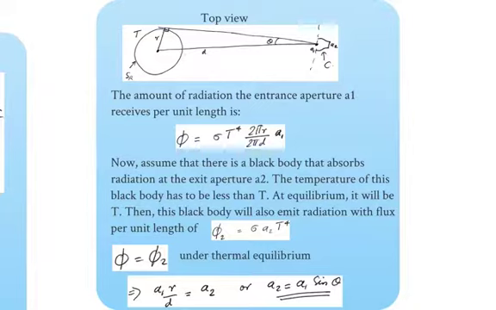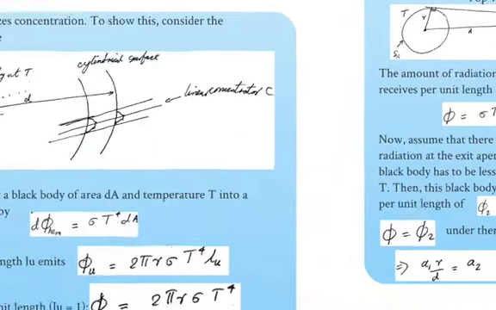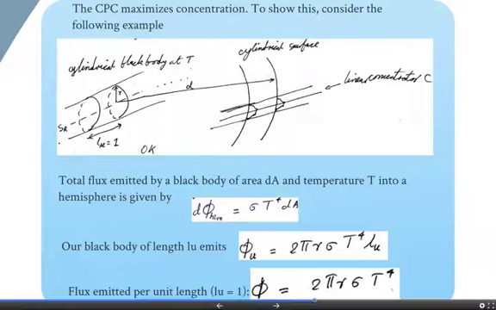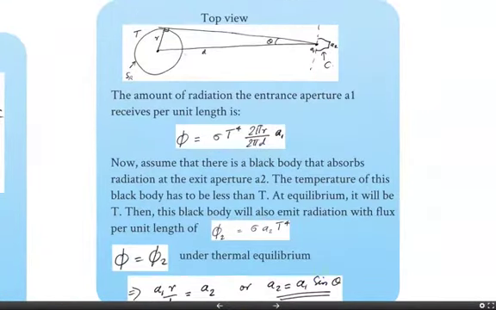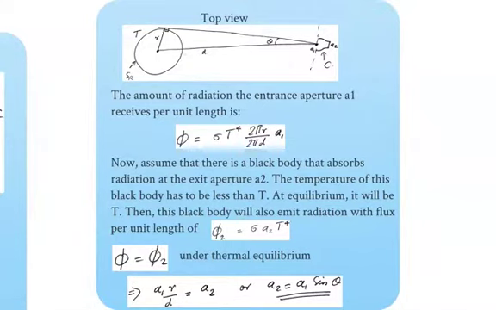Okay. So if we now look at this entrance aperture, we want to calculate how much flux is intercepted by this entrance aperture. So in this previous equation, we computed how much flux is coming from the black body, from this source. Okay, that was 2 pi r sigma T raised to 4 per unit length. Here we are trying to calculate how much is actually accepted at this input aperture.